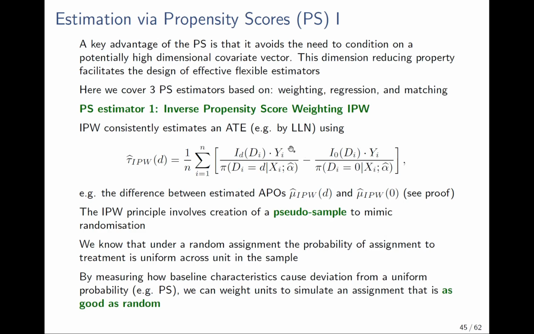Now this is an estimate of the average potential outcome, an IPW estimate of it at treatment level D, and this is an estimate at treatment level 0. So it's really simple. We just weight outcomes by the relevant propensity score value and we take the difference.